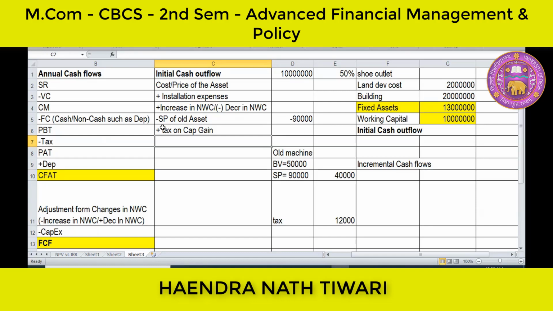Now it is possible that the book value was 1 lakh and it was sold for 90,000. So there is a capital loss of rupees 10,000. So if there is a capital loss of 10,000, this will decrease the total profit, and it will save taxes by rupees 3,000.